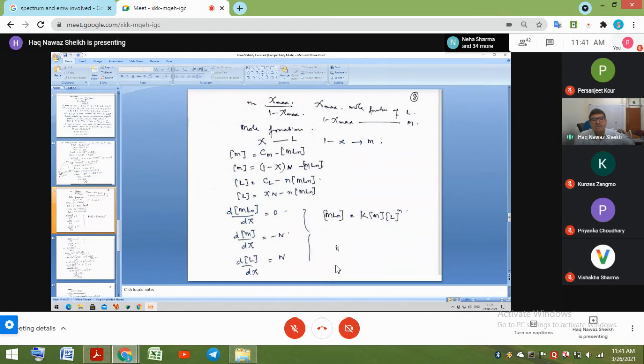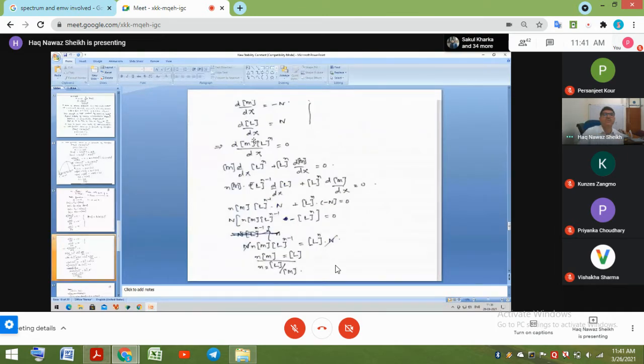So these are the equations that we develop. d MLn by dχ is 0, because by definition that is 0. dM by dχ from this equation is minus N, and dL by dχ is N, the total number of moles.